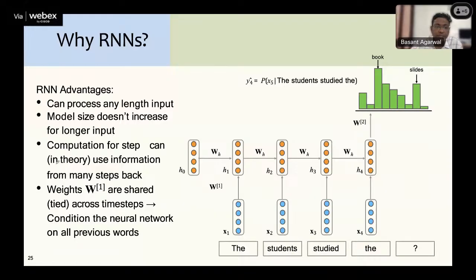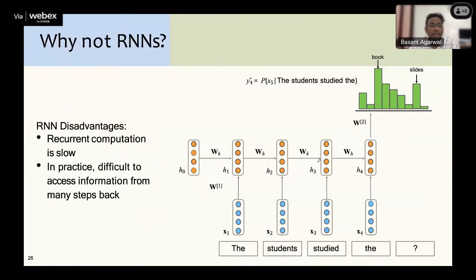And weights are shared across the timestamps. One more thing is that sharing is important, because otherwise we will not be able to pass the information to the next layers. If we have different weights, we will not be able to have that information passed on.